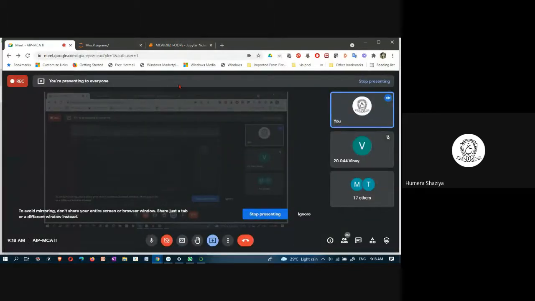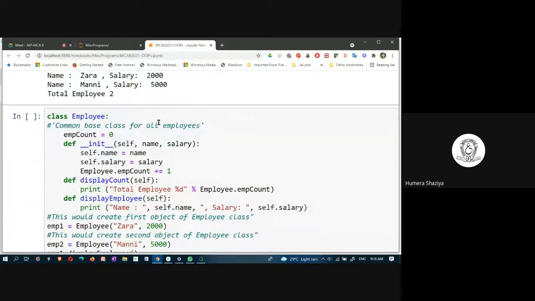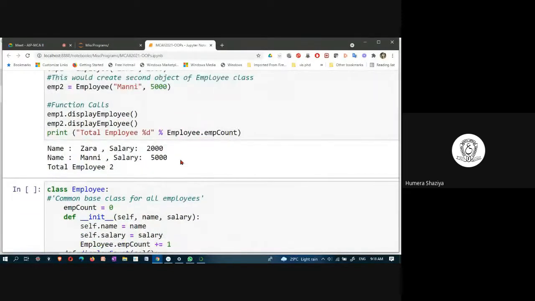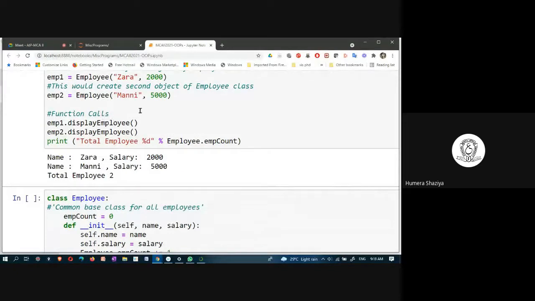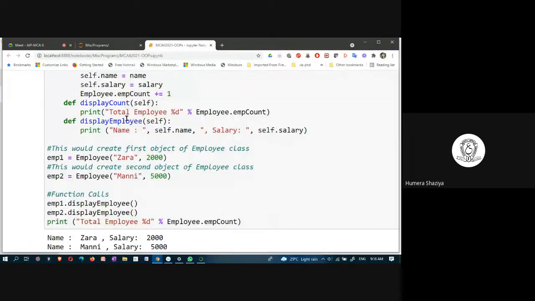Let us execute this program. We see that the output is name, because the display employee function is called on m1 and m2, and this function displays name as self dot name.